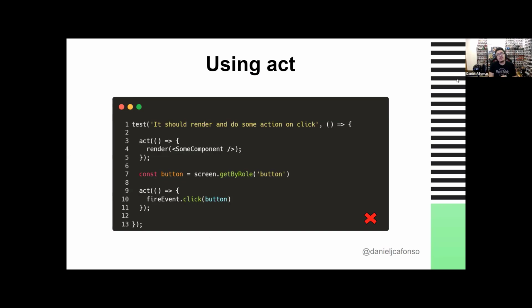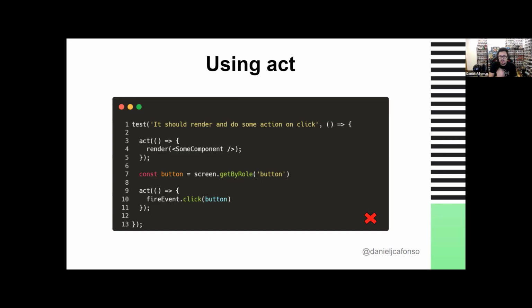Well, when you're doing actions that are called units of interaction with the user interface, mostly you need to wait until these units of interaction happen. So what are things that are called units of interaction? Firing an event, doing some data fetching.